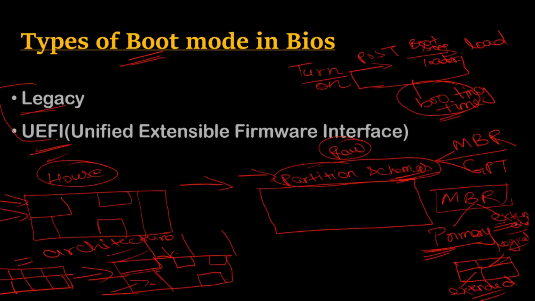Why do we need extended or logical? Because in MBR we have some limitation. If you are using the MBR partition schema on your hard disk, then you can only create 4 primary partitions. This is the limit. If you want more partitions, what will happen?